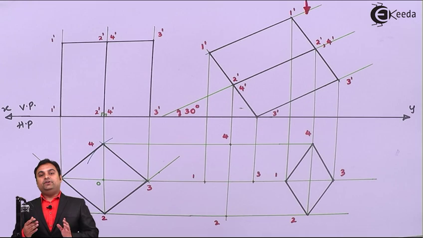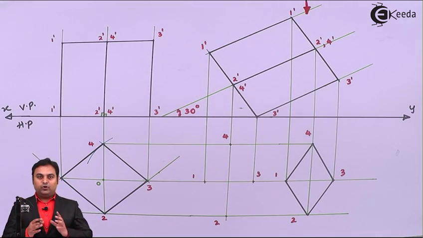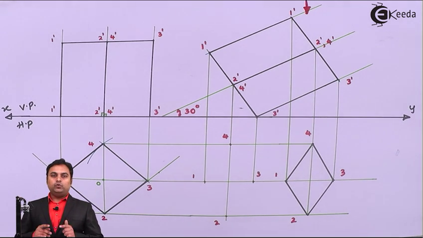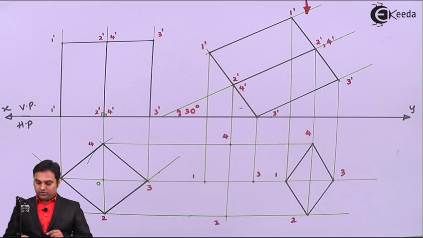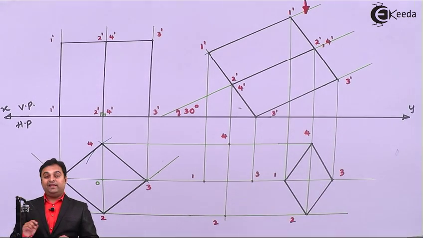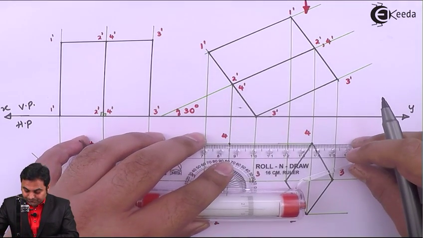Then here, in case of projection of solids, the outer edges are never hidden. It means we have to always make the outline dark. So if I see here, this point 4 and 4, which is an edge, will be connected with the help of a dark line.